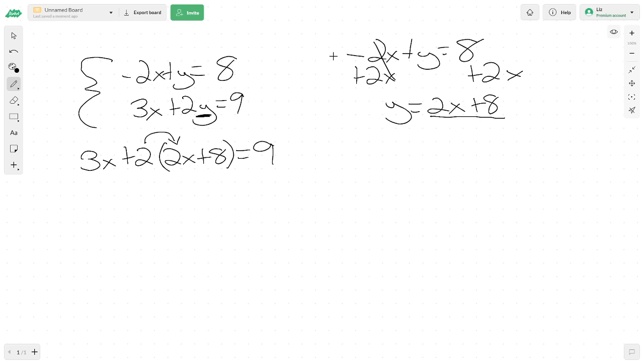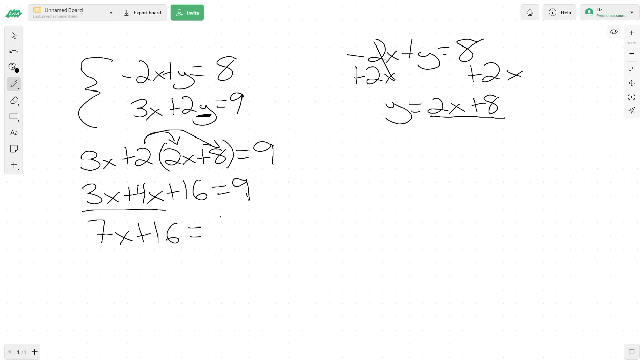I need to distribute this 2. 3x plus 4x plus 16 equals 9. Combine like terms. 7x plus 16 equals 9.